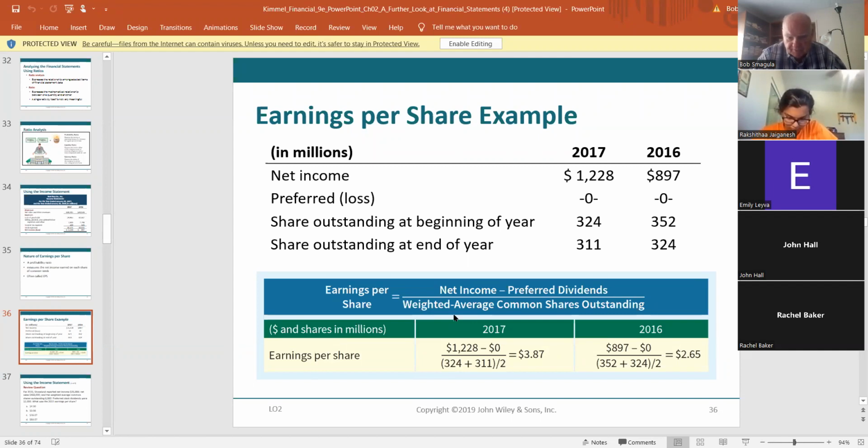Notice that first, though, they're subtracting what are called the preferred dividends. You have something called preferred stock, and preferred stockholders get paid before the common guys get paid. So you want to take out the preferred dividends.